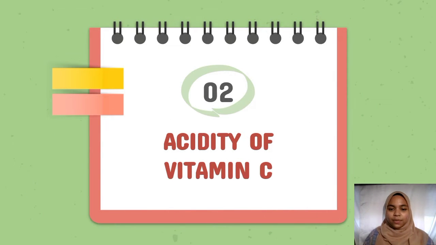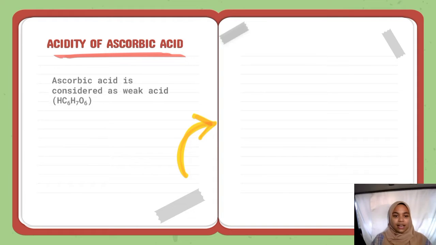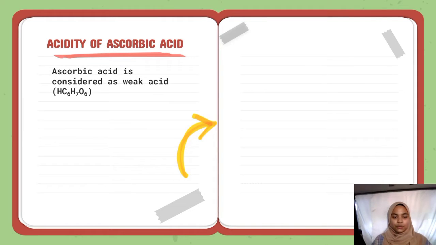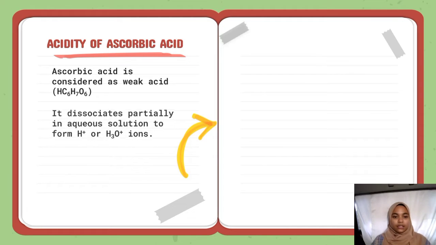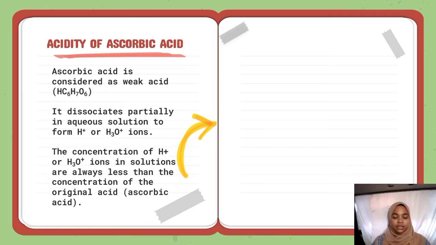Next, I would like to explain about acidity of vitamin C. Vitamin C is also known as ascorbic acid. Ascorbic acid is considered a weak acid, which is HC6H7O6. It dissociates partially in aqueous solution to form hydrogen ions or hydronium ions. The concentration of hydrogen or hydronium ions in solution is always less than the concentration of the original acid, which is ascorbic acid.